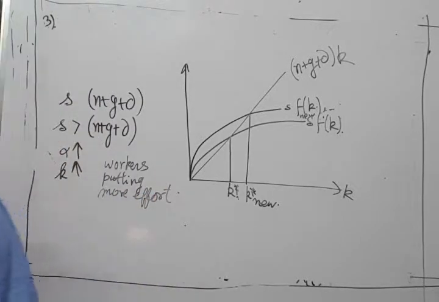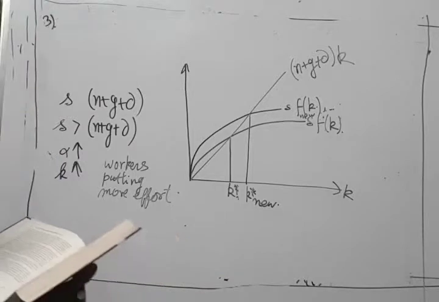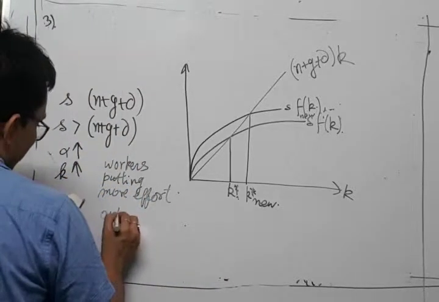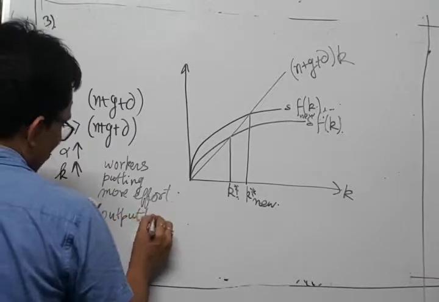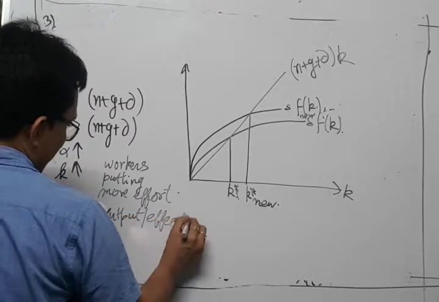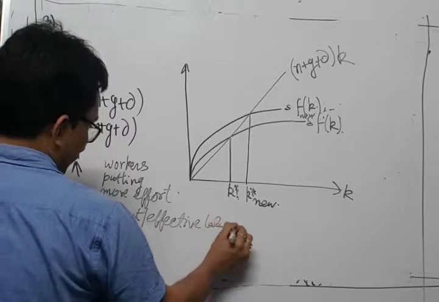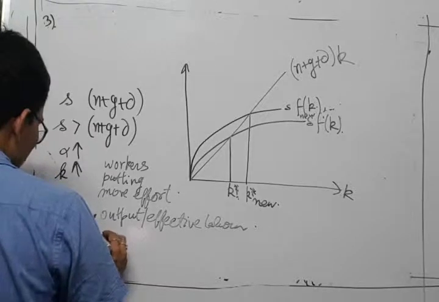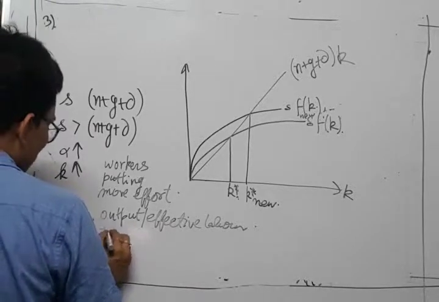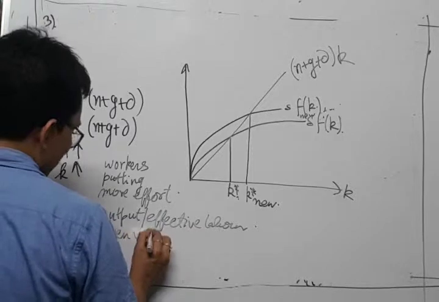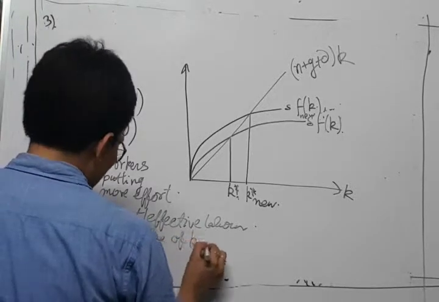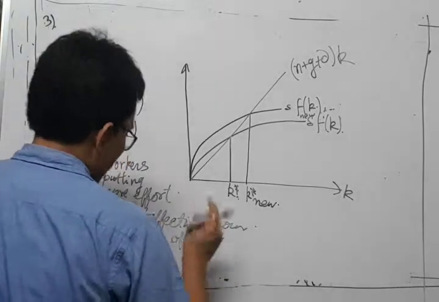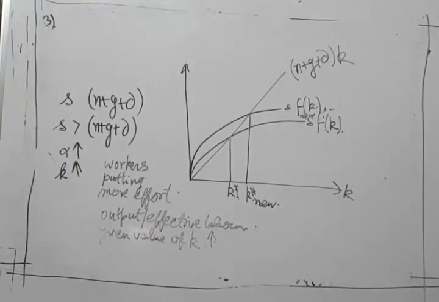So compared to the original situation, the workers are putting more effort, so that output per unit of effective labor, for a given value of small k, that is capital per unit of effective labor, is actually rising. So let us see what happens in this situation graphically.